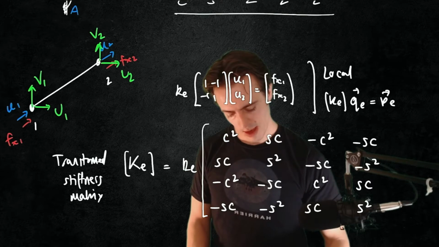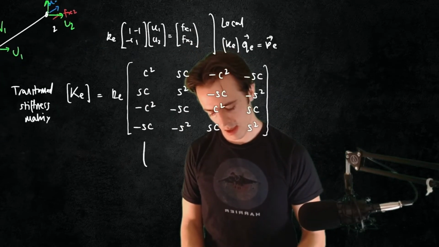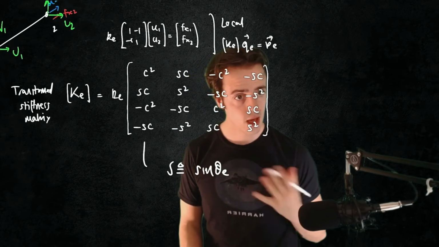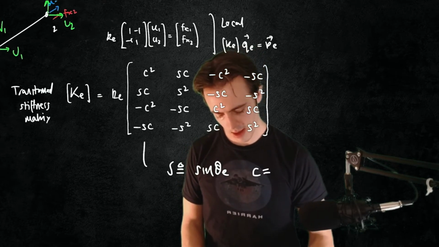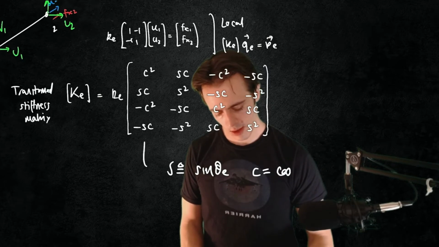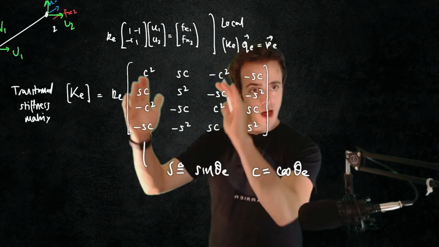Okay, so we have this matrix here, and we remember that S is simply the sine of the angle of the element, and C is equal to the cosine, cos theta of the element. So we can determine this part now.